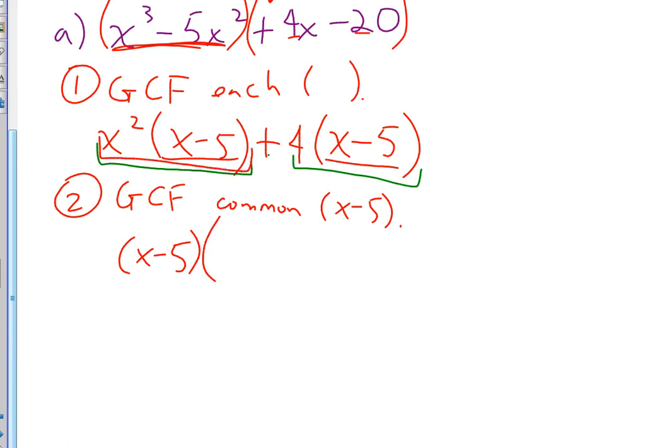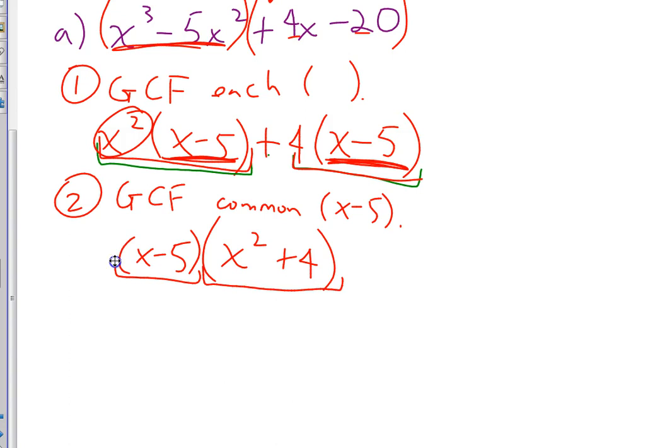Well, from this first term, if I take out this x minus 5, isn't the x squared going to be left? And in the second term, if I take the x minus 5 away, wouldn't there be a +4 left? By doing this, as you can see, I have now factored that original cubic into 2 factors, x minus 5 and x squared plus 4. Okay? And that's factoring by grouping.